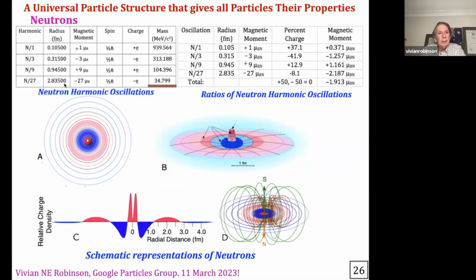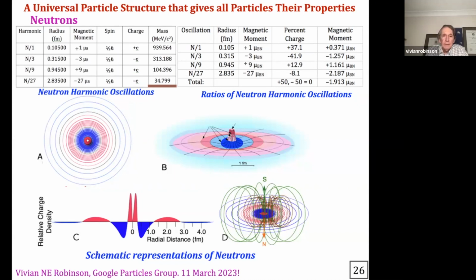One thing that's worth looking at is the mass of the n/27 oscillation. 34.8, and the bound muon 104.4. 109 MeV per c squared is looking pretty good, isn't it? Again, here are various representations of the neutron.